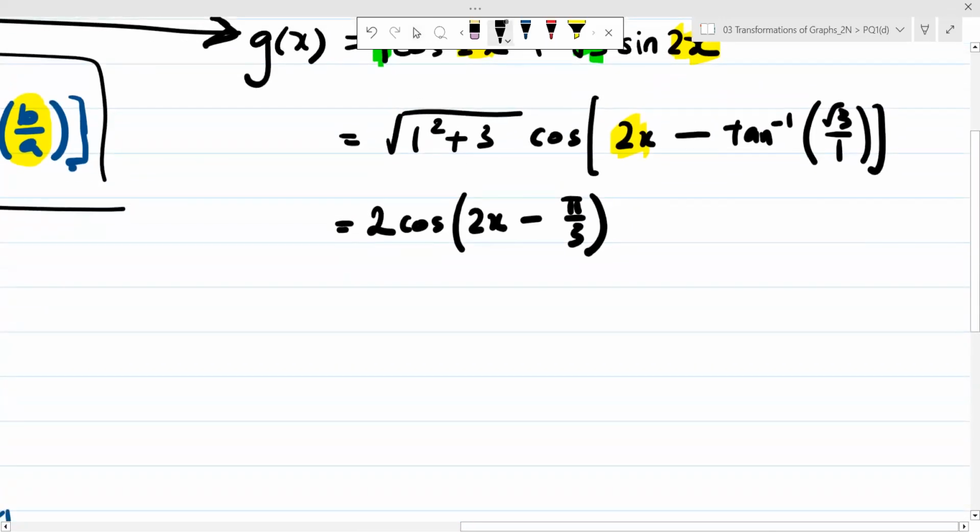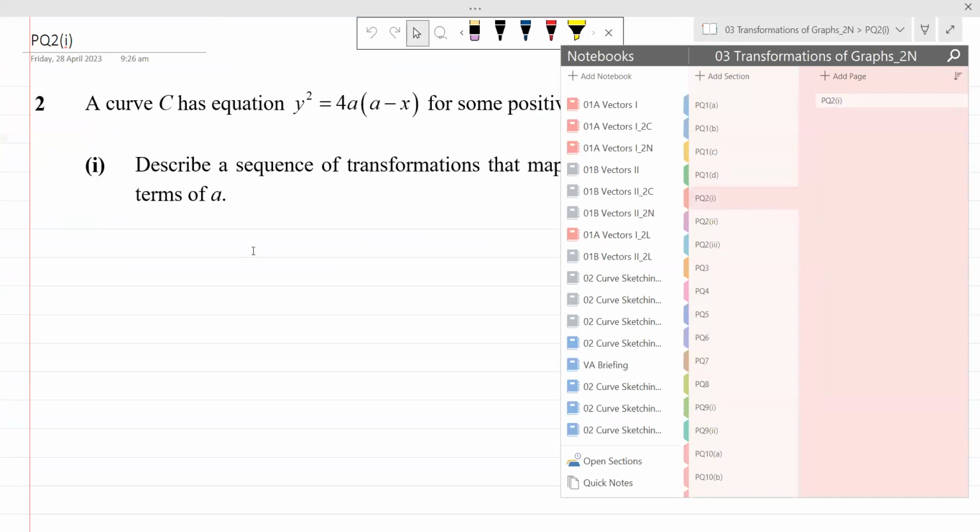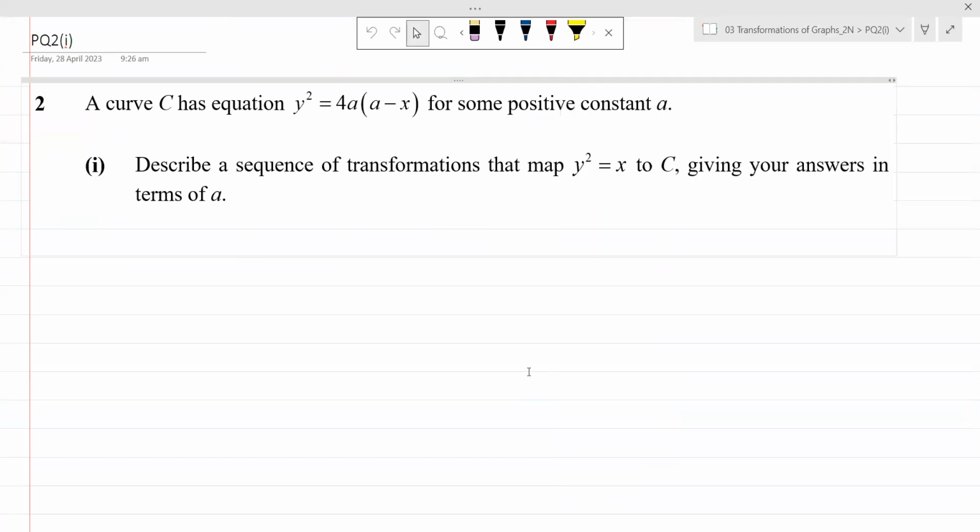Okay, let's continue. So do yourself based on all this. Continue to question 2. This is a good example of when the translate first, scale later rule will not work.